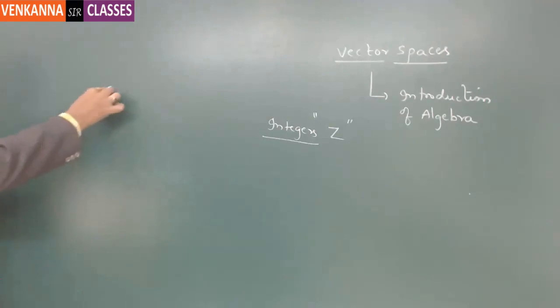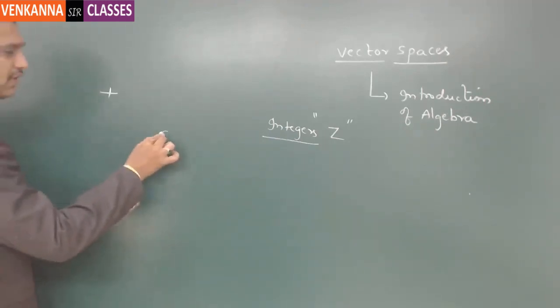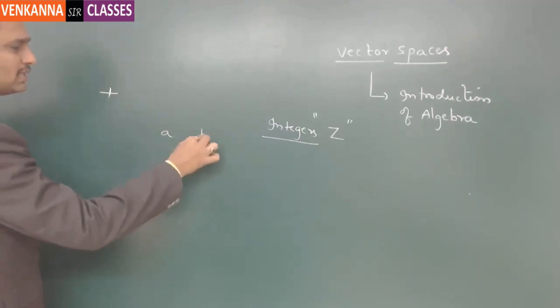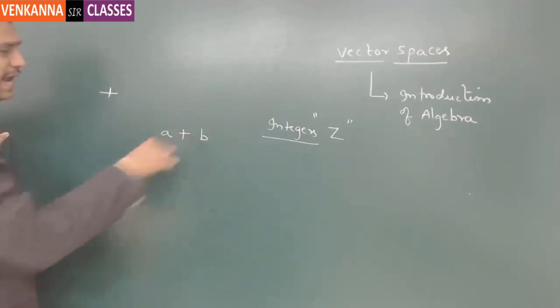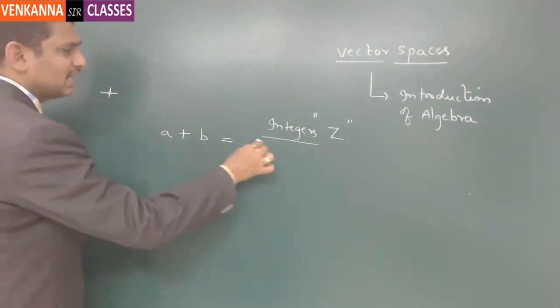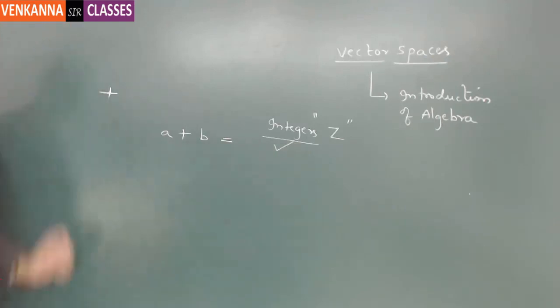Suppose let us take the operation addition. Usually we have 4 arithmetic operations: addition, subtraction, multiplication and division. Let me say, if I have taken 2 numbers a, b, which are integers, if I add them, is the result an integer or not?